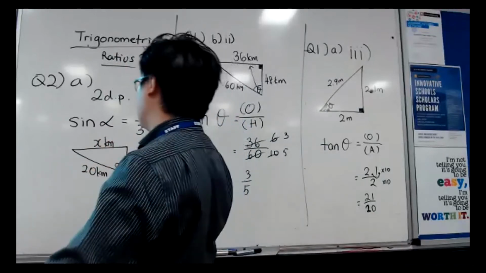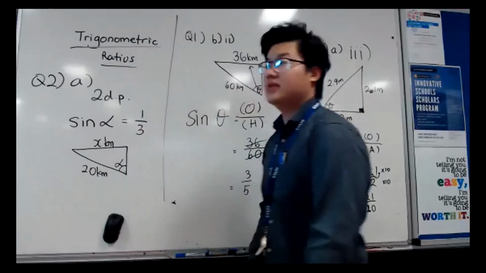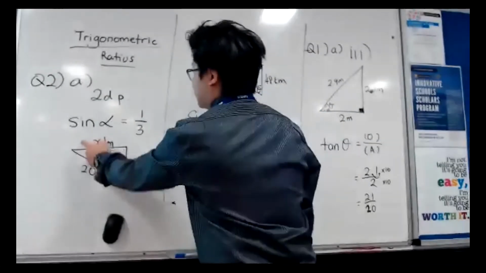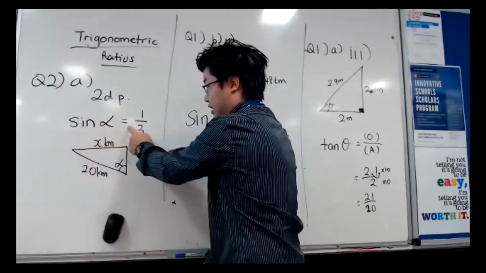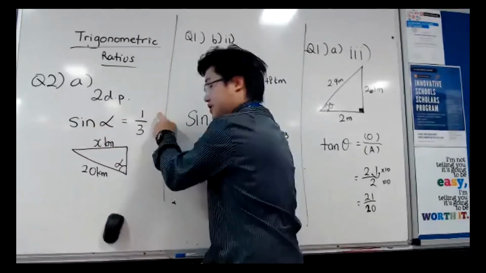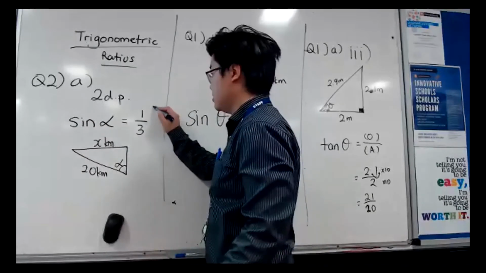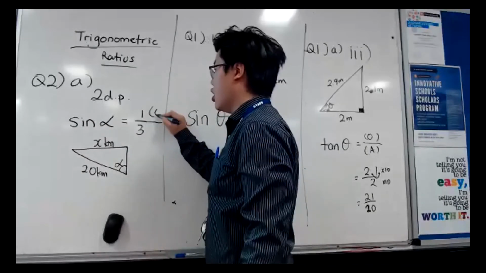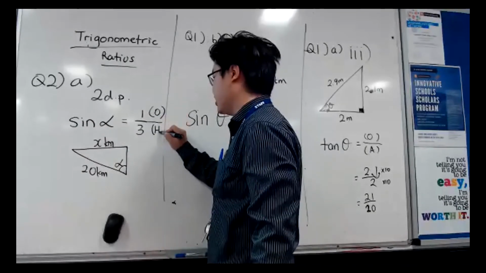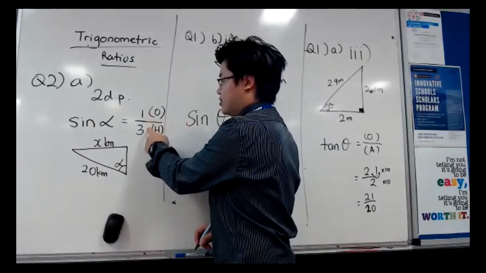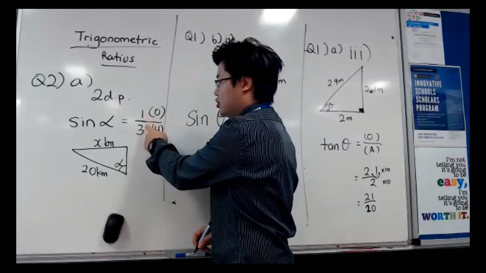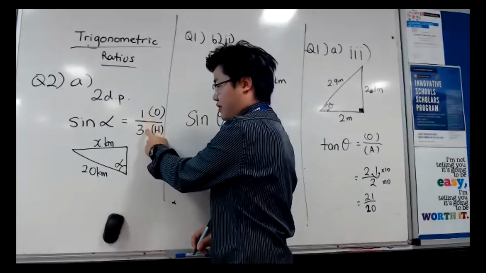Now, they want you to find x. Before that, sine alpha equals what over what? O over h. So they tell you that the ratio of opposite to hypotenuse is 1:3, or 1/3.